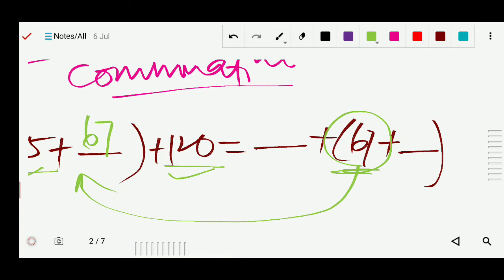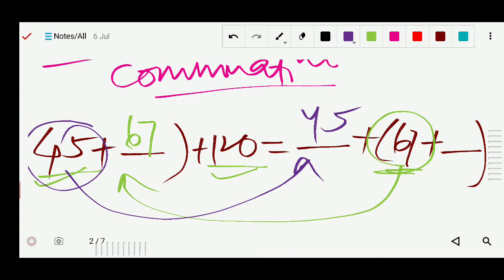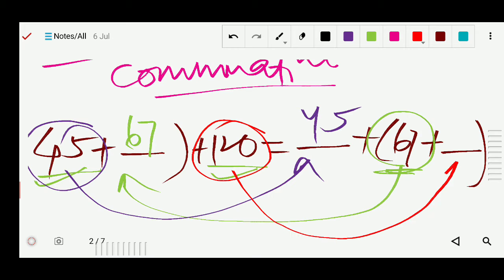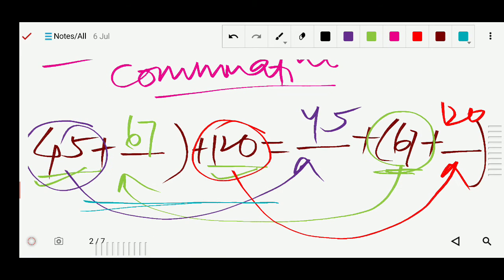Got it? Now next, what number will come here? What is missing? 45. You can write this 45 here. And next, this 120, you can write it here. So now the right side and the left side are both equal, both sides are balanced.